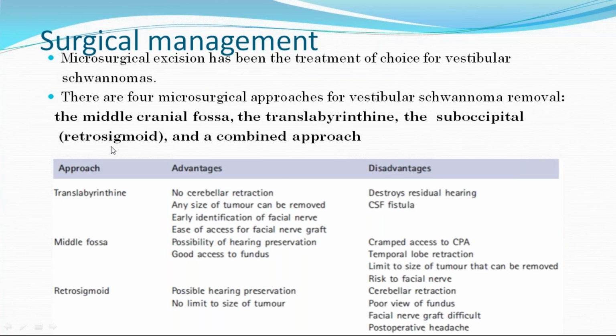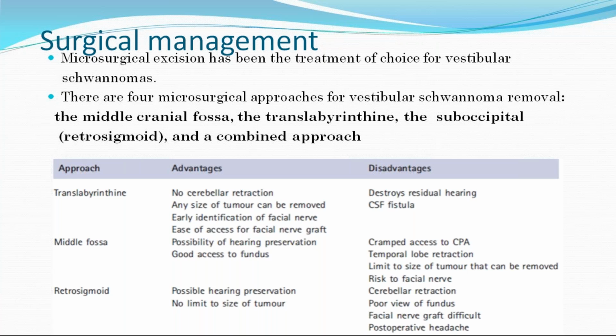Now surgical management. Microsurgical excision has been the treatment of choice for vestibular schwannomas. The microsurgical approaches are the translabyrinthine approach, the middle fossa approach, or the retrosigmoid. Before deciding which route to take, two or three things determine it. One is hearing, the most important thing.